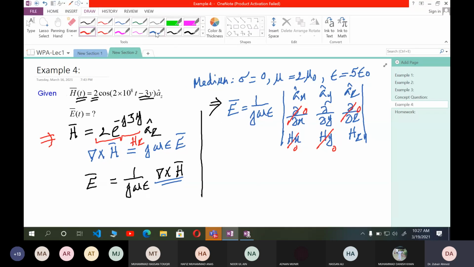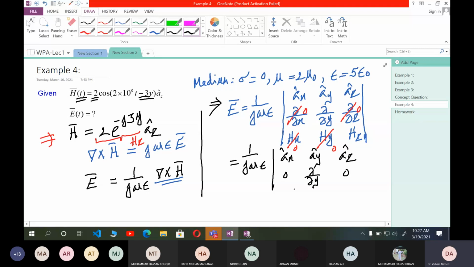So now if I put in my values, let's say 1 by j omega epsilon, ax unit vector, ay unit vector, az unit vector, 0, partial of partial y, 0, and this was 0, this was 0, and this was hz.